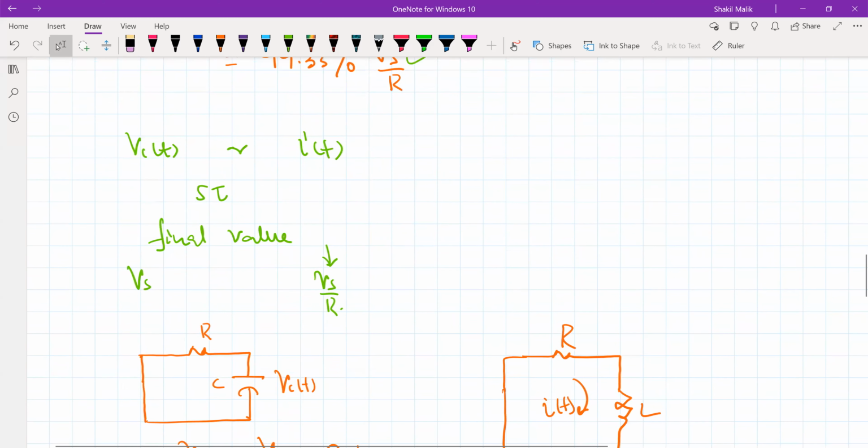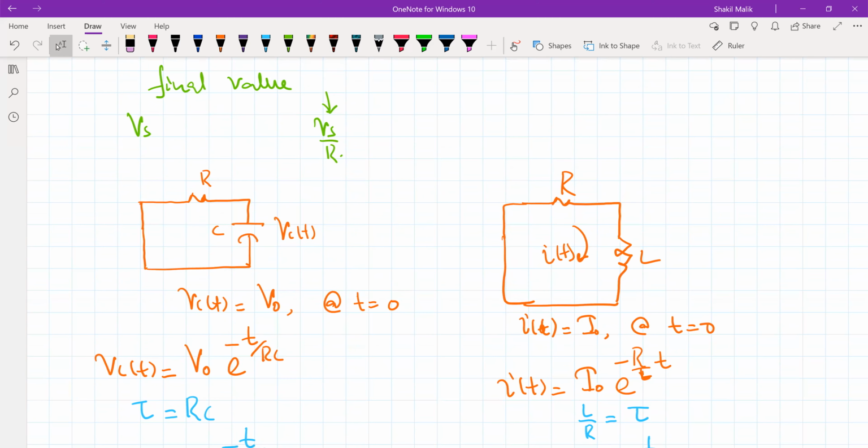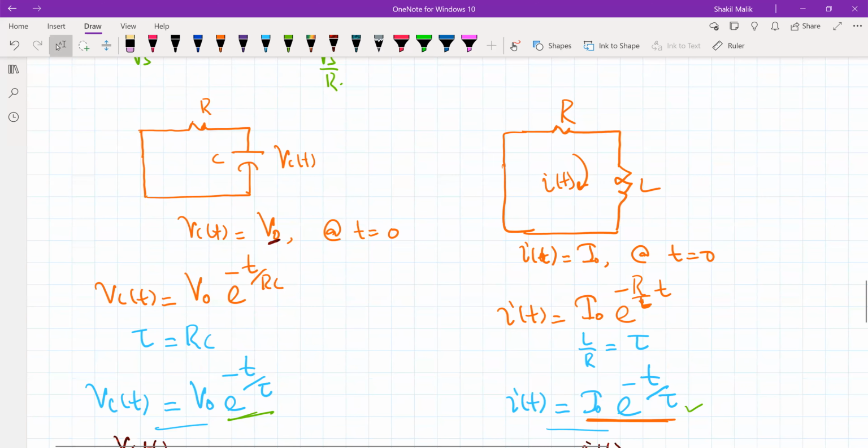Now, if we are talking about discharging, whether it's an RC or RL circuit, let's take the RC circuit. If the initial voltage stored in the capacitor is V0, then we know the behavior of the capacitor voltage will be like this when it is source free, meaning there is no voltage source or current source connected. In other words, this gives us the discharging behavior.